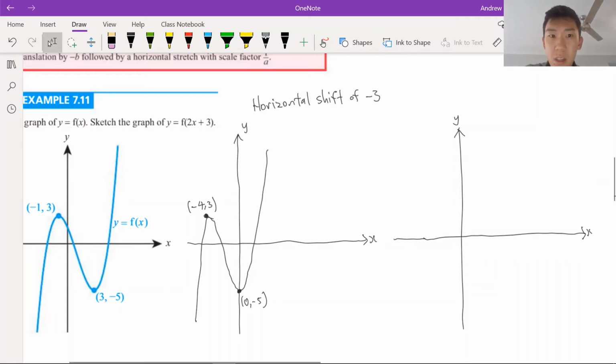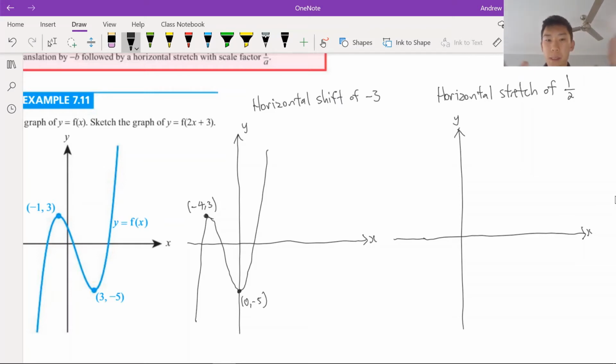Okay, so horizontal stretch of 1 over a. So if our a is 2, then horizontal stretch of a half, that means it's going to get compressed, if you like. So half the size horizontally.